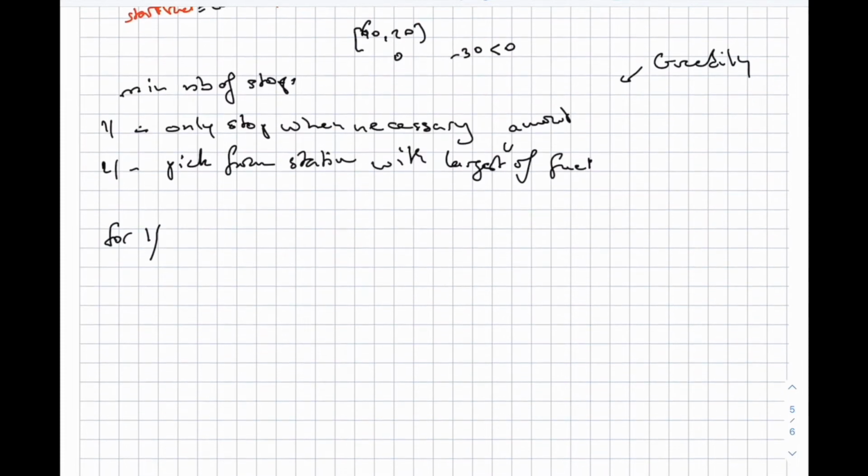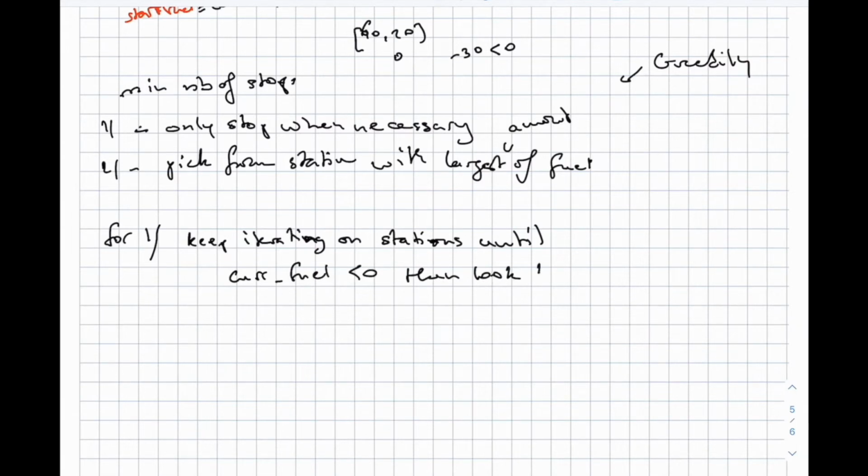So the main idea here is keep iterating on stations until we get current fuel smaller than 0, then look back at the stations we've seen and pick one of them, right?